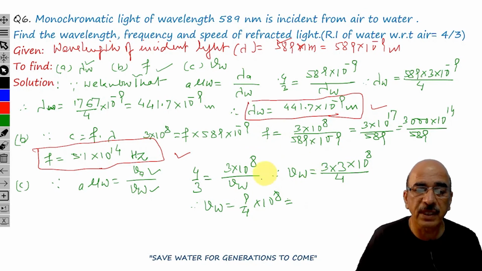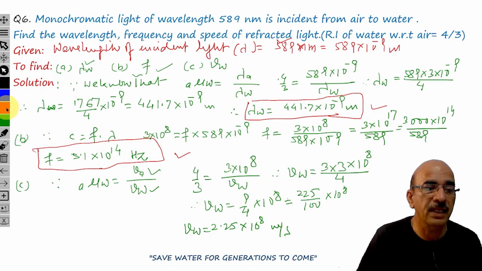When we solve, 4 into 25 comes to 100, and 25 into 9 is 225 upon 100 into 10 raised to power 8. What will be the answer? After 2 zeros, the point comes after 2 digits, so it will be 2.25 into 10 raised to power 8 meter per second. So this is the answer.